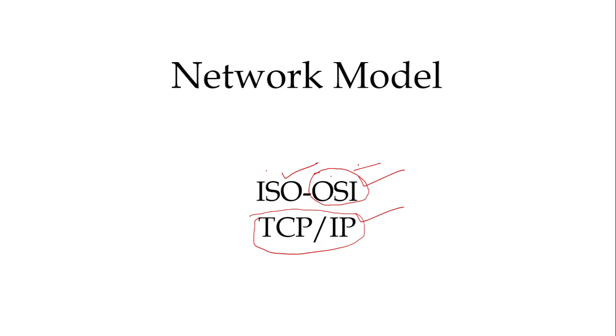Okay, so as you all know, whenever we discuss any network model, what normally happens is that a big network, and how a particular network works, is divided into different parts, and based on those parts, different functionalities are mentioned.